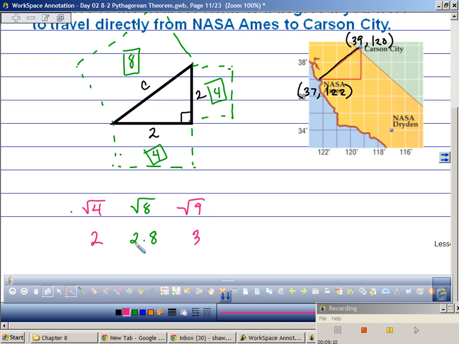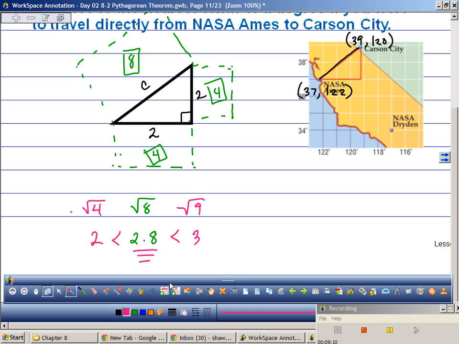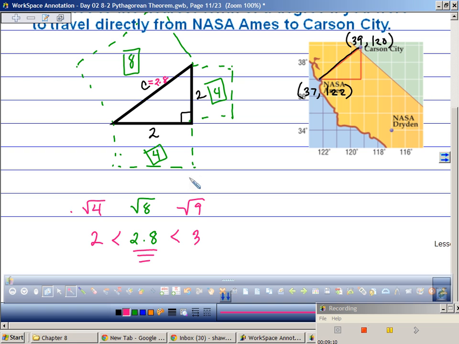And the square root of 9 is 3. Is 2.8 closer to 9? Yes. Correct? So is that answer reasonable? 2.8? Yes. So the distance is 2 and 8 tenths. Okay, moving on.